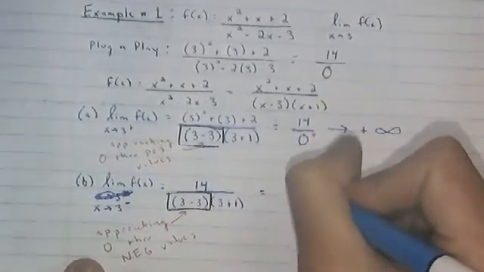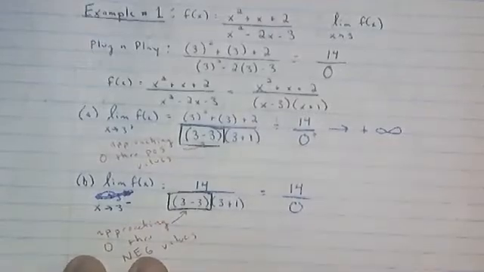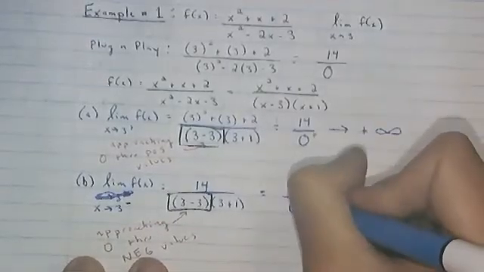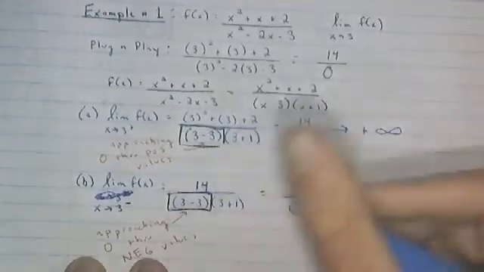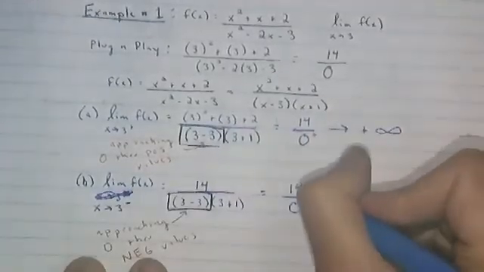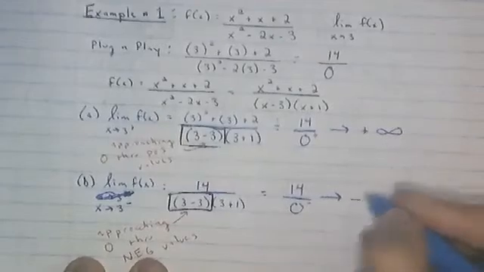It's still positive 14. But now this 0 we've determined is coming at 0 through slightly negative numbers. Which tells us that from the left of 3, we are decreasing without bound.